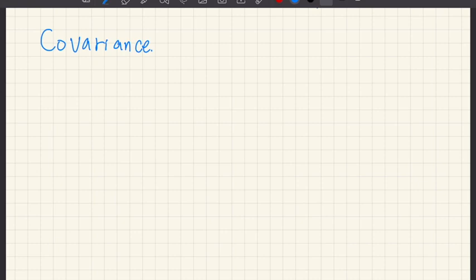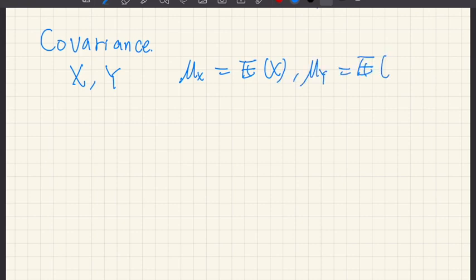First definition. Let's say we have random variables x and y, and let's say mu x is the expectation value of x, and mu y is the expectation value of y.